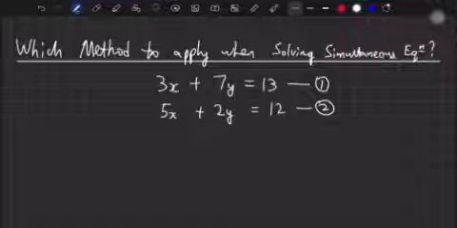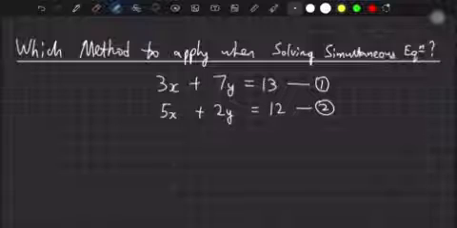Equation 1 is 3x plus 7y equals 13. Second equation is 5x plus 2y equals 12. When we are doing this question, the best method to apply should be elimination. Why? Take a look. From equation 1, the coefficient of x is 3, coefficient of y is 7.